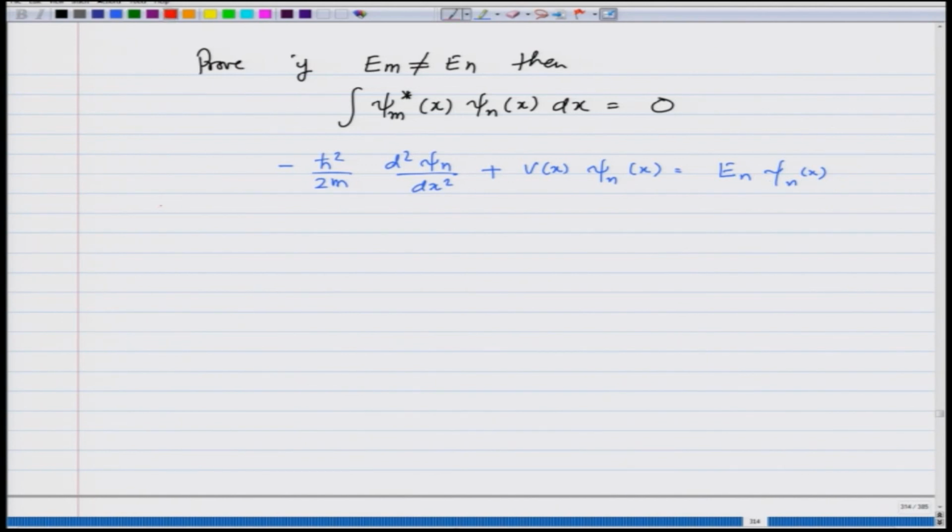Multiply by psi m star x from the left and integrate over dx. This is the operation I am carrying out.